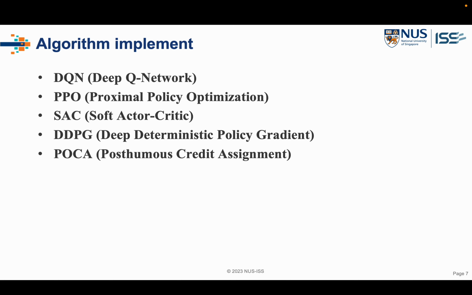SAC is also an off-policy algorithm that combines strengths of policy gradient and Q-learning. DDPG is an off-policy algorithm that combines the actor-critic approach, and POCA deals with properly assigning credit to actions we are taking early in the trajectory.